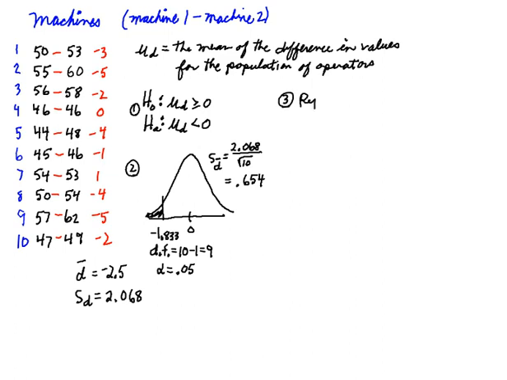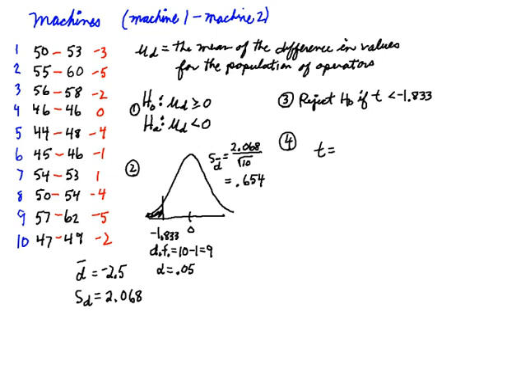My rejection rule: I'm going to reject h sub 0 if t is less than negative 1.833, t being my test statistic.